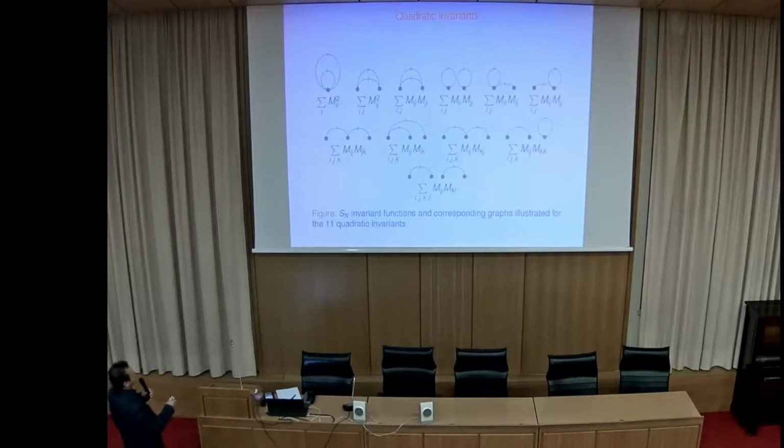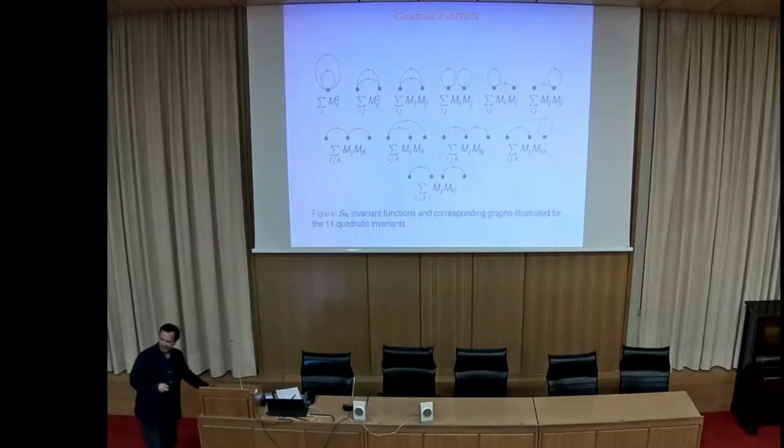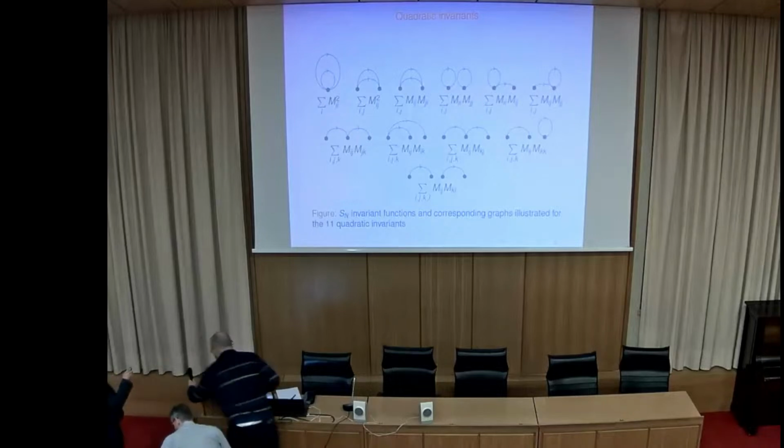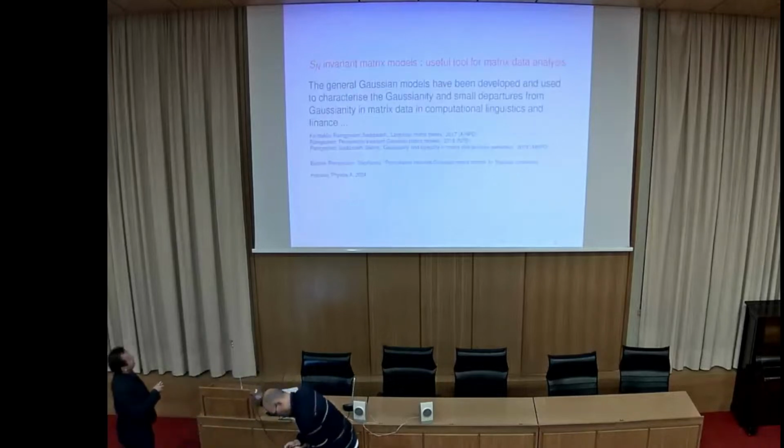The graph theory interpretation has to do with associating an index to a node and a matrix to a directed edge. Anyway, counting of these invariant functions is associated with counting of graphs.